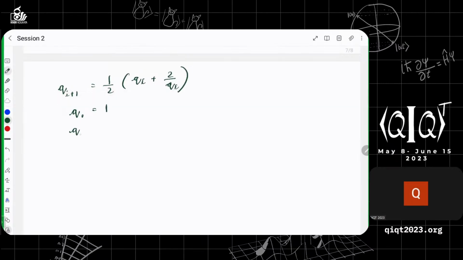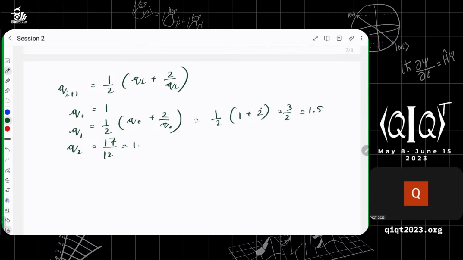If you put i equal to 1, q would be something like, I'm not showing the calculation, 17 by 12, which is 1.4166 and so on. You can check these calculations.